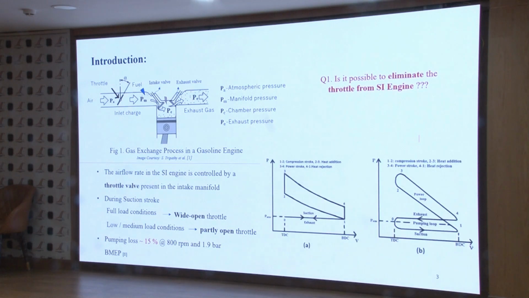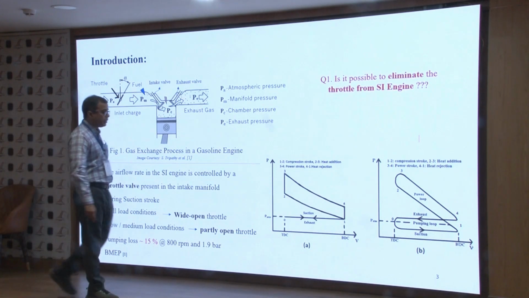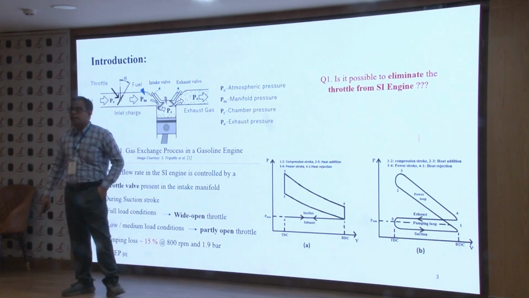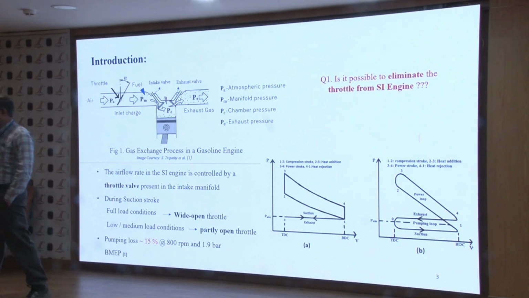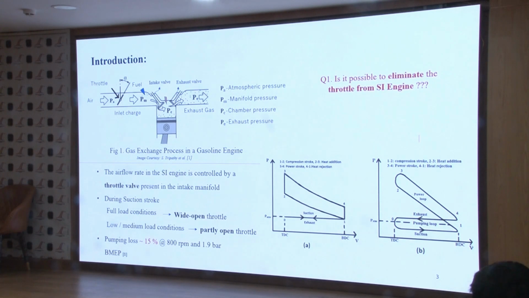If you look at the fundamentals of our Otto cycle, the intake is going to happen at a lower pressure, not the atmospheric pressure, and the exhaust is going to happen above the atmospheric pressure.